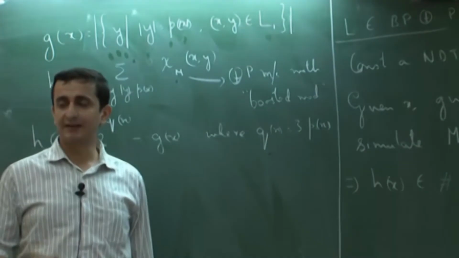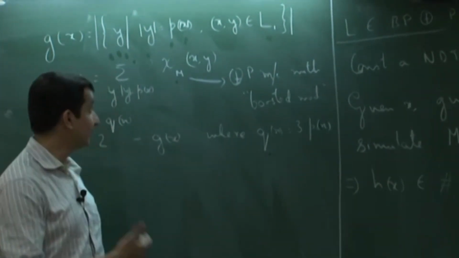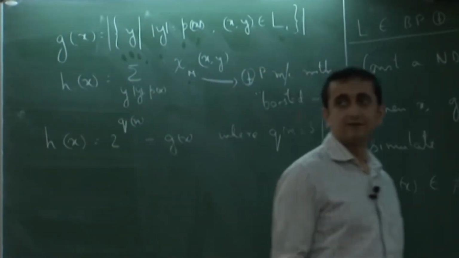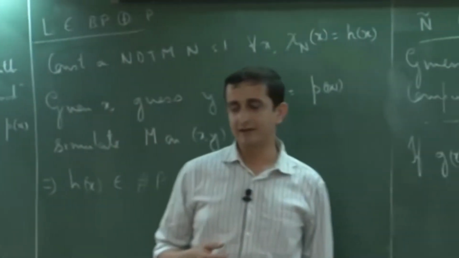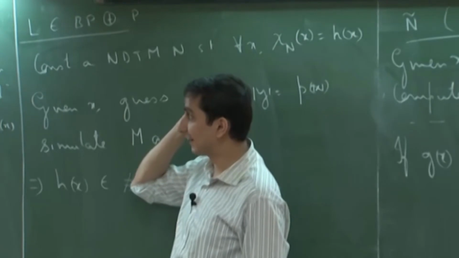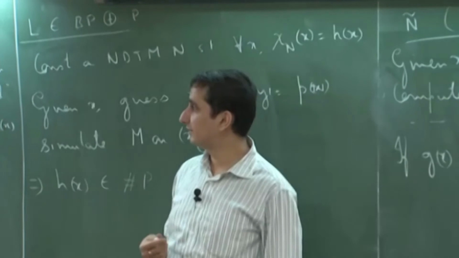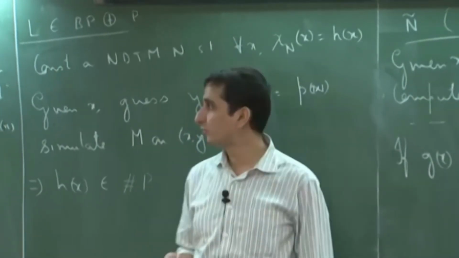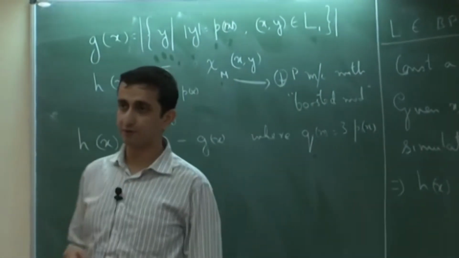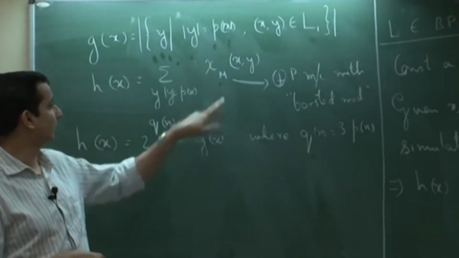So, we saw that given any language in parity P, and for any polynomial q, we can construct a machine M which will have this property that if x belongs to L, then the number of accepting paths is congruent to -1 mod 2 to the power q, and if x does not belong to L, then the number of paths is congruent to 0 mod 2 to the power q. So, M is basically that machine.